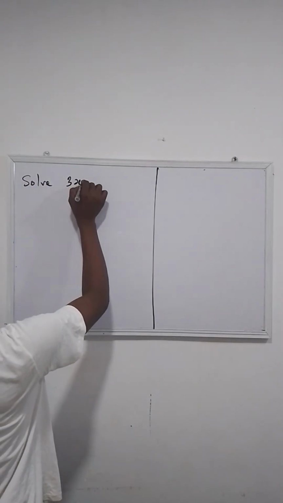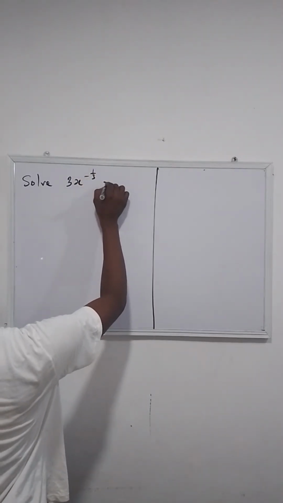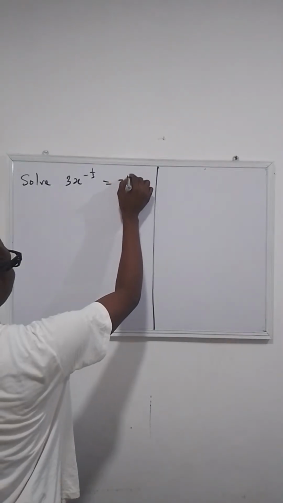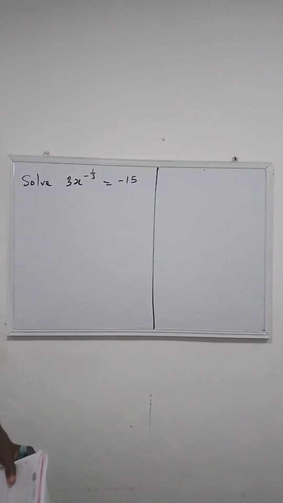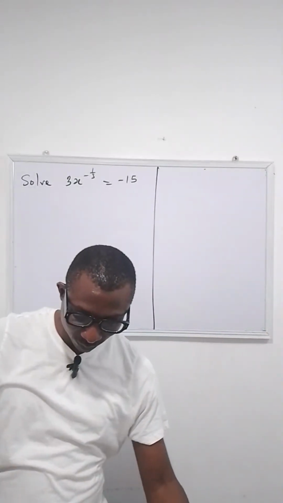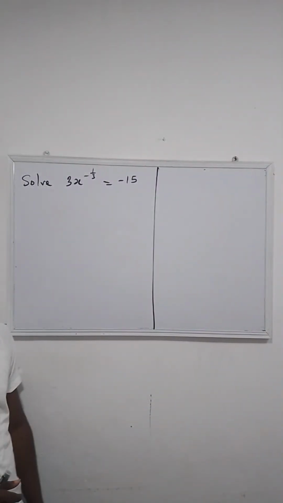Solve 3x raised to the power of negative 1 over 3 equals negative 15. All right. So can I give you a few seconds to tell me what the answer to that question is? Can you kindly do this and let's see what you're going to have.